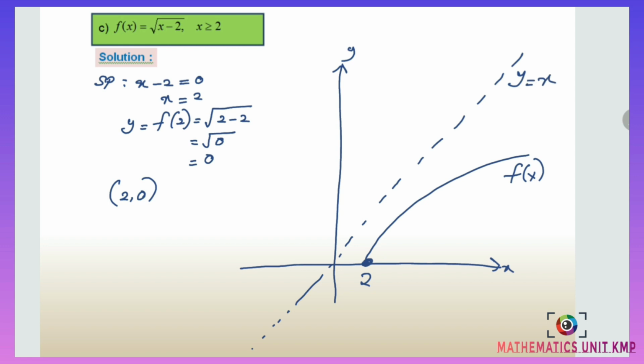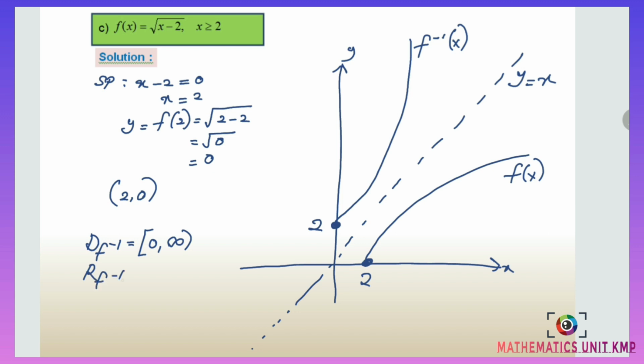Now we can reflect to get (0, 2). Here is the inverse function. Therefore, the domain of the inverse function is 0 to infinity, and the range of the inverse function is 2 to infinity.